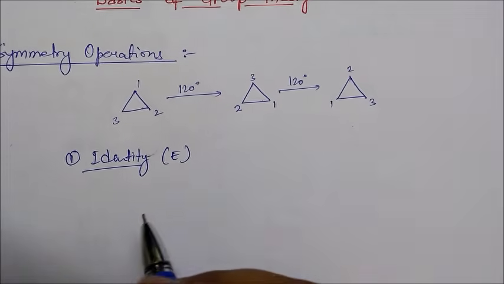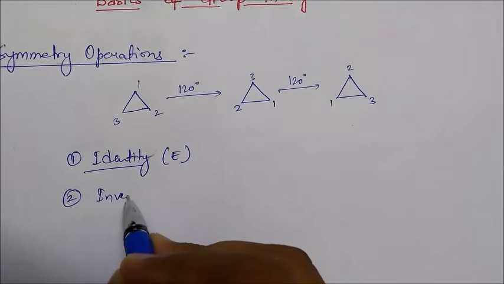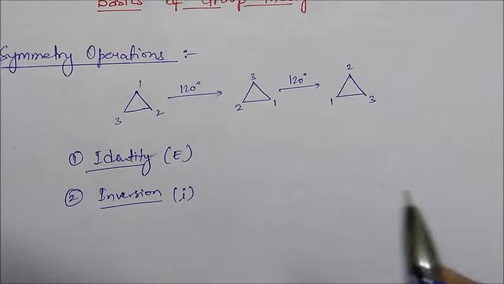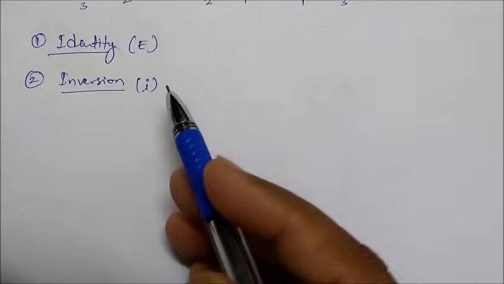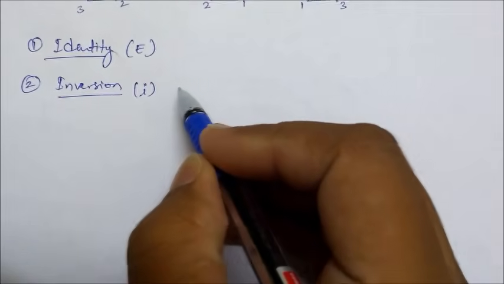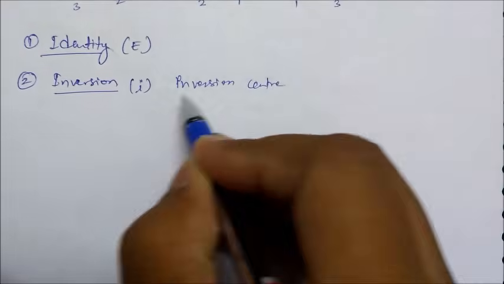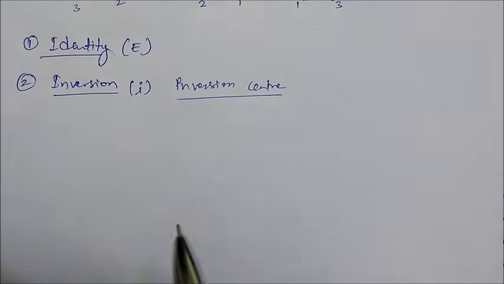Now the next thing is inversion. Inversion is a symmetry operation denoted by small i, and it is basically called the inversion center. As its name suggests, it is present at the center of the molecule.